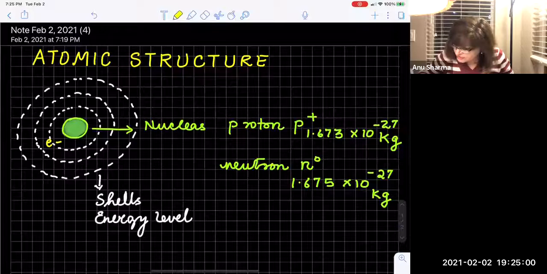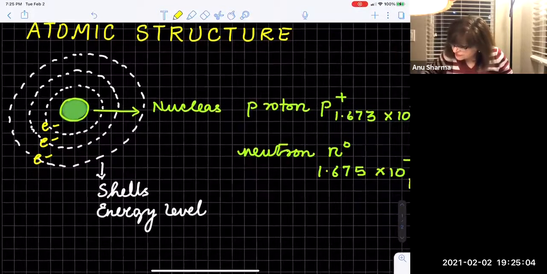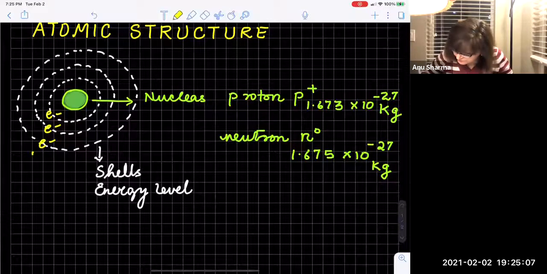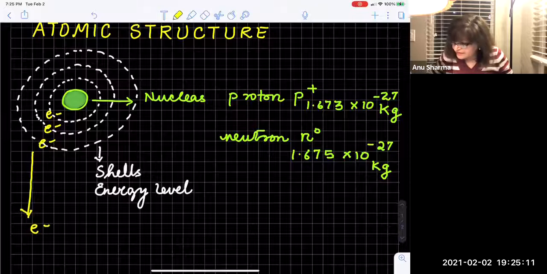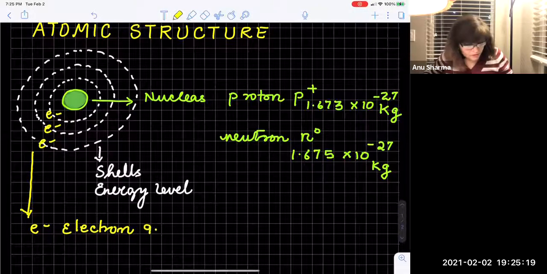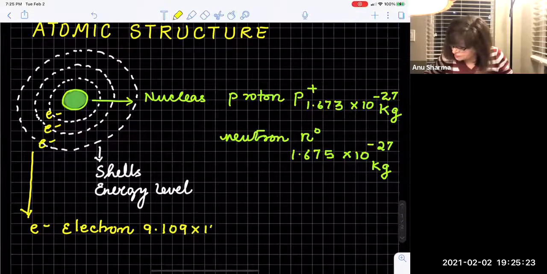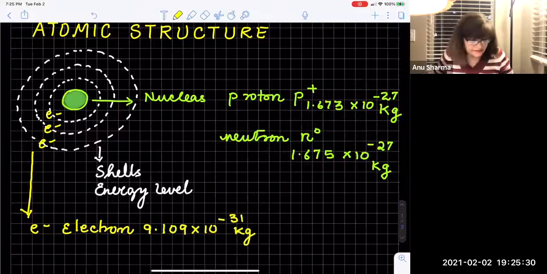Electrons are negatively charged, and their mass is 9.109 times 10 to the power negative 31 kilograms. So like really, really small.